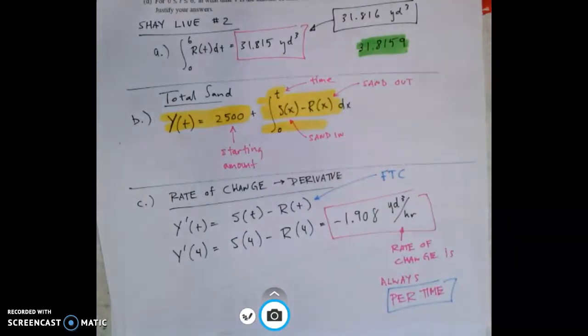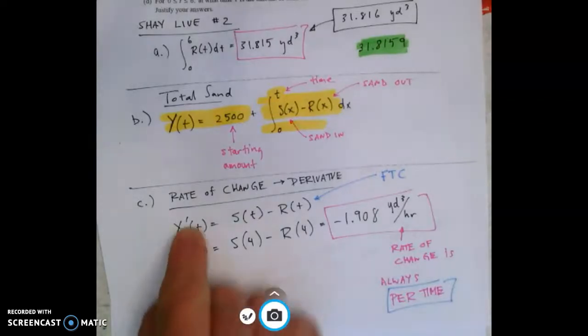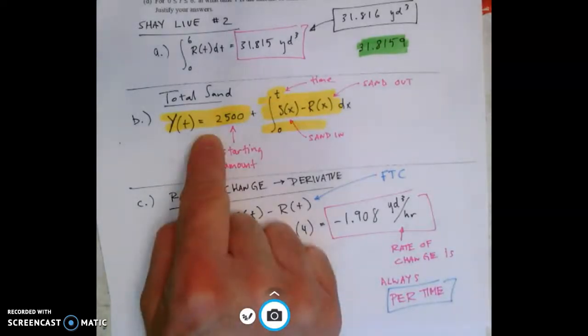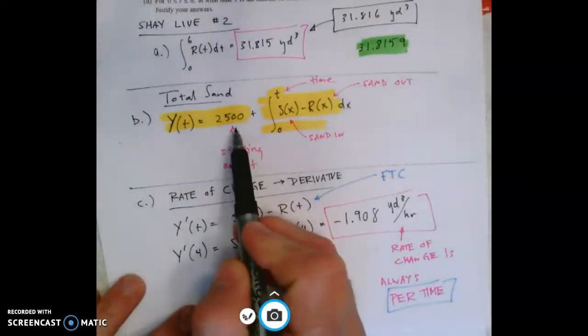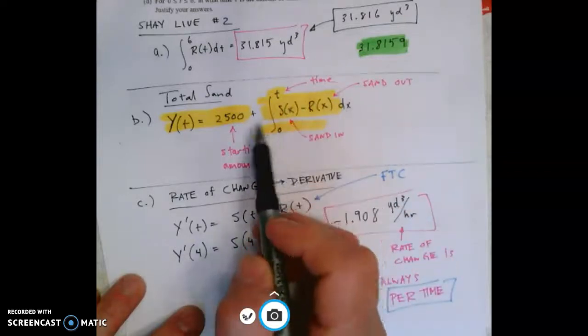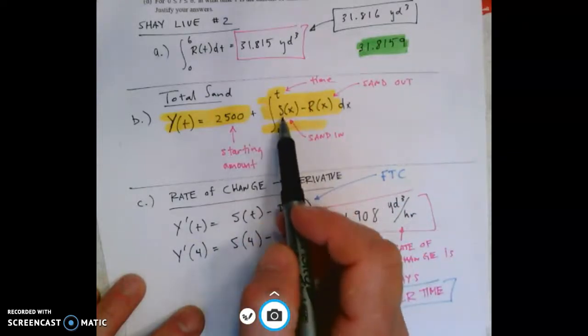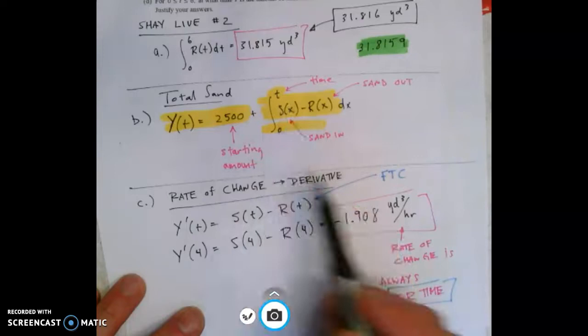Part C. Rate of change. Okay, so part C says find the rate at which the total amount of sand on the beach is changing at t equals 4. Well, rate of change means derivative. So we have the total amount of sand on the beach. How much is that changing? By the derivative. Well, the derivative of this becomes 0, and the derivative of this integral, remember that's the fundamental theorem of calculus, becomes these two functions evaluated at t.